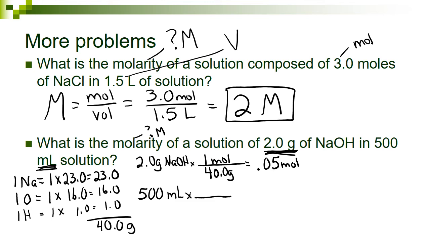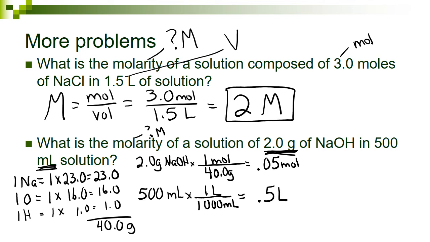And I found if I set it up like a unit conversion, I can always do this right. But you have to remember what's equal to what. I know that there's 1,000 milliliters in 1 liter. Now notice my milliliters on bottom so that my mils will cancel. This is going to give me 0.5 liters.